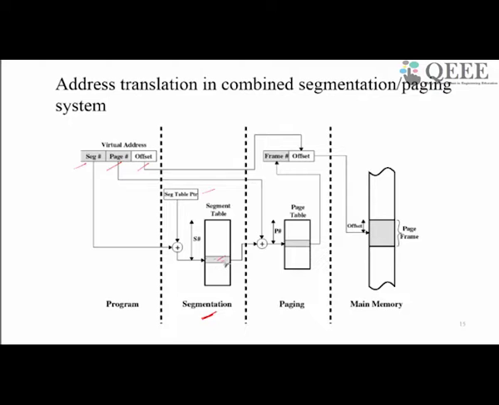This gives the segment descriptor of this segment number, and this will be nothing but the base address of a page table. Use the page number as an index to this base address and go to this page table entry, and then if the page is present, use the frame number and add it with the offset to generate the physical address.